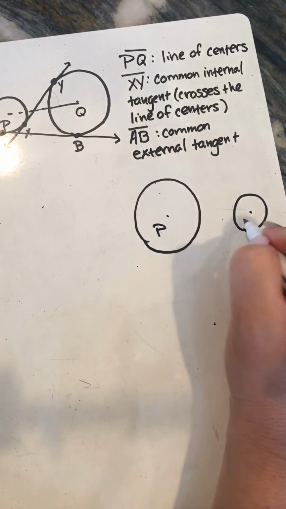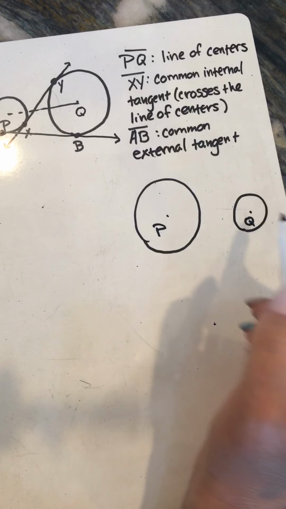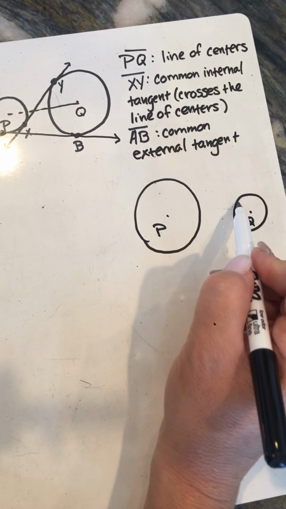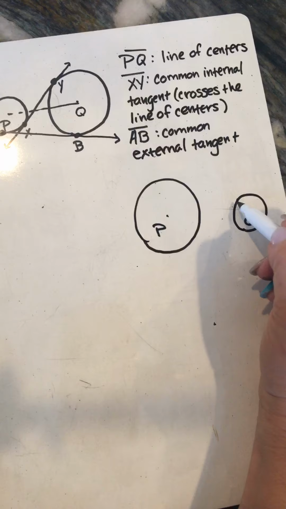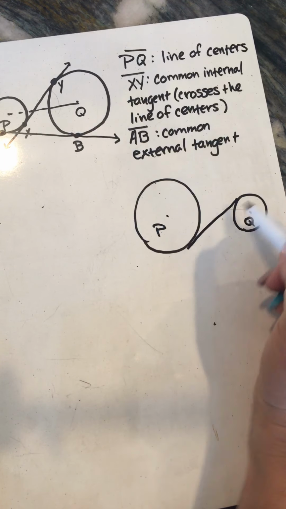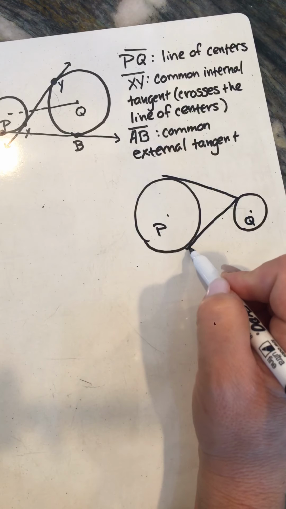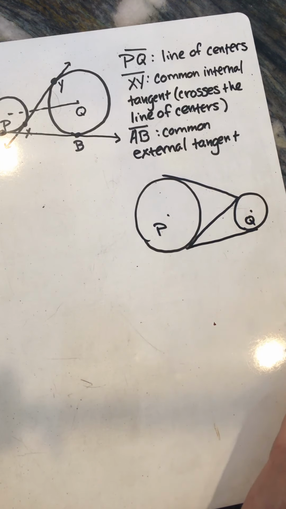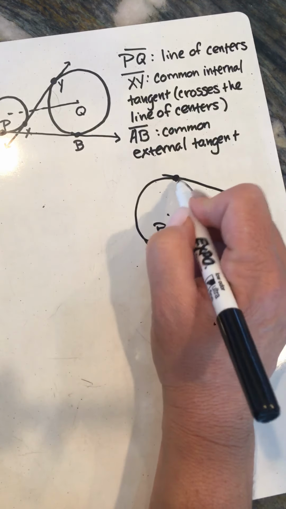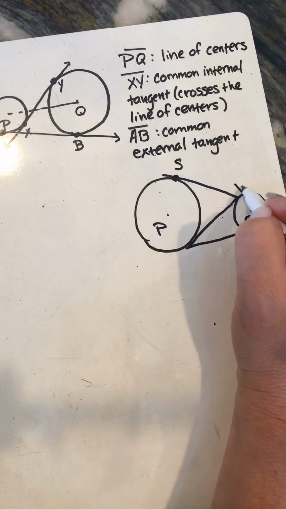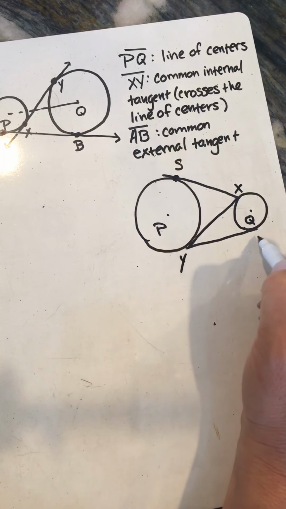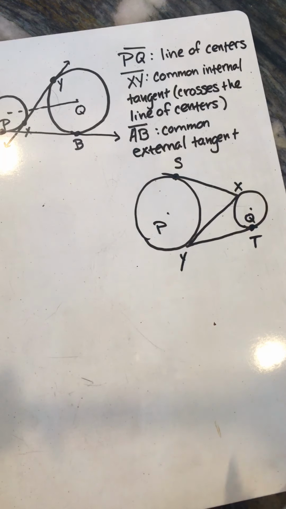This is circle P, this is circle Q. And we'll draw a line like so, and like so, and like so. And this is X, Y, T.